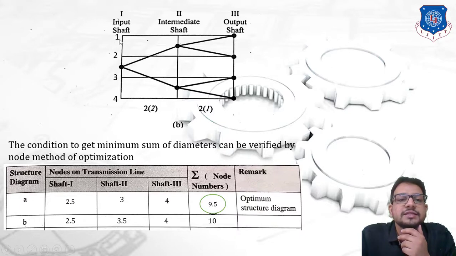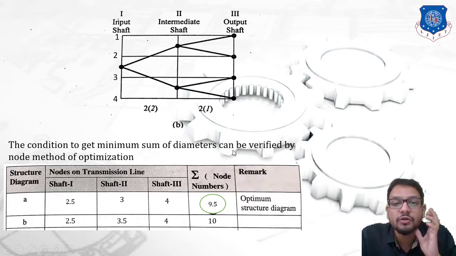Here I have given numbers 1, 2, 3 and 4, which represent node numbers. Last, we are going to see the remark on which is the best. Always remember that the summation of nodes for an optimum structural diagram should be minimum. The summation of node points should be minimum.